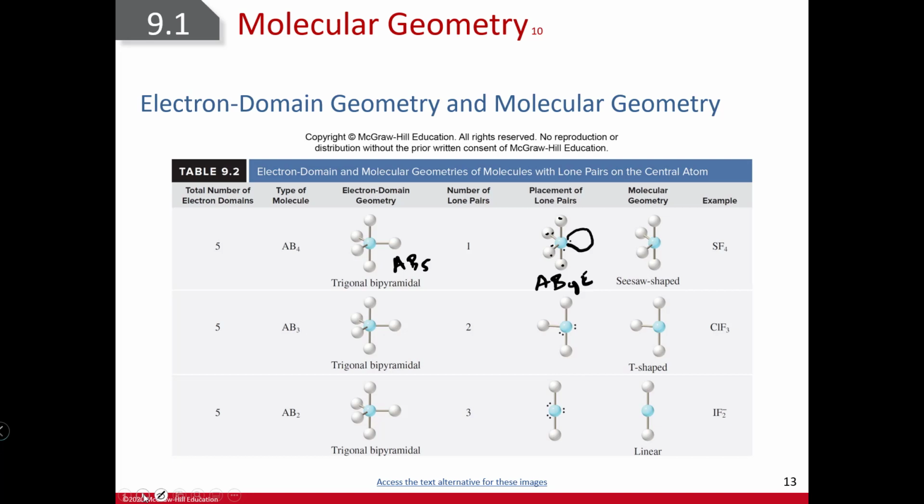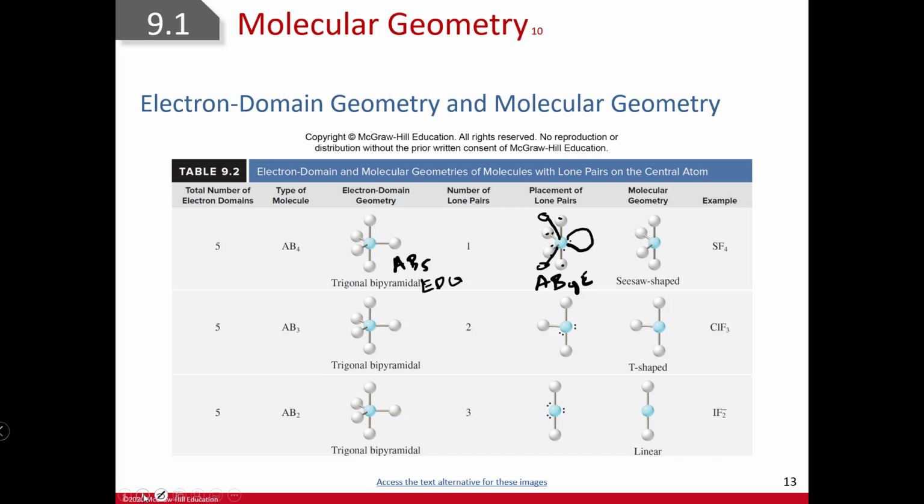So the non-bonding pair actually forces these bonding pairs a little back like this. All right, they get distorted. Non-bonding pairs repel all other electrons. So when it's AB4E, it's got 5 things coming off the central atom. So you'd say the electron domain geometry is trigonal bipyramidal.